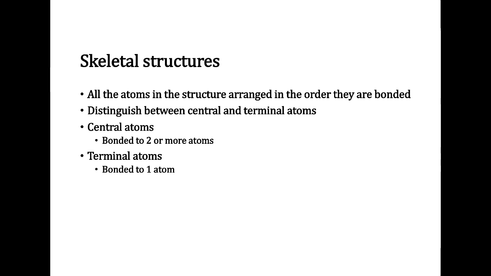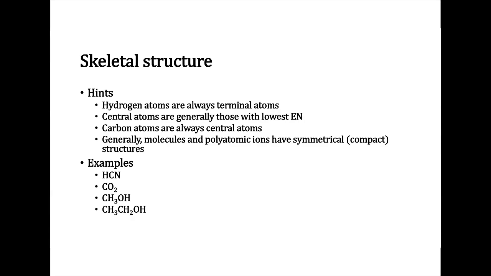A central atom is one that's bonded to two or more atoms. So if you ever see that you have a carbon atom, it's your central atom. In terminal atoms, if you see a hydrogen, that's always going to be a terminal atom for us. But otherwise, there's some wiggle room for all the other ones. So let's go ahead and look at a few hints, draw out some skeletons, then further our strategy.